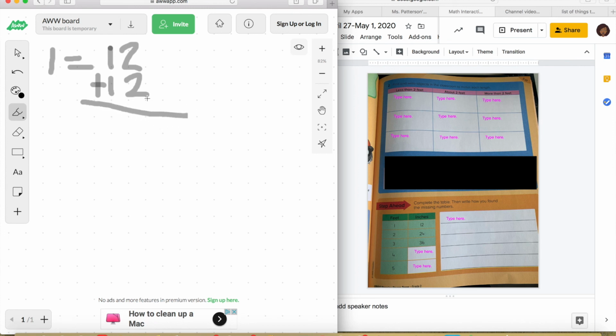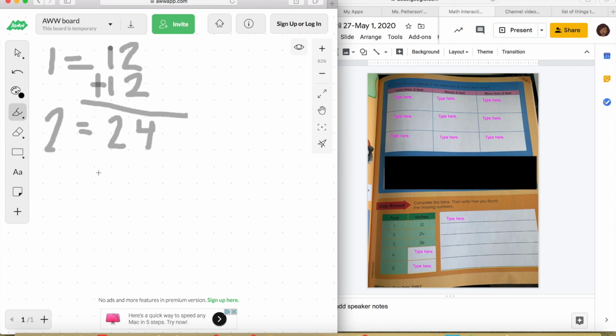What is 2 plus 2? If I have 2 and then I get 2 more, how many do I have? 4. Make sure that you try to line it up as even as you can. And what's 1 plus 1? 2. So that means that if we had 2 rulers, we would have 24 inches. That's the same thing they got.